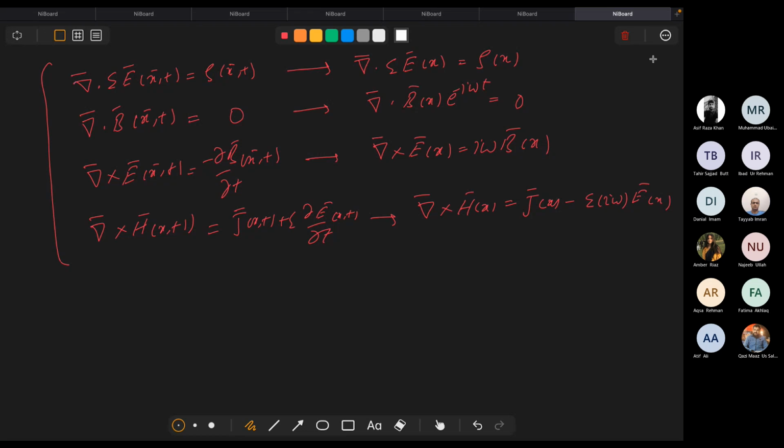So we have these two sets of equations, but we'll see how we'll use these things.